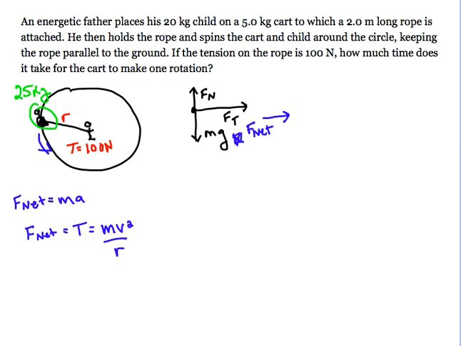All right, good. What else? So from this problem, we know tension, we know the mass of our object, we know our radius, so all we have to do is some algebra and solve for v.